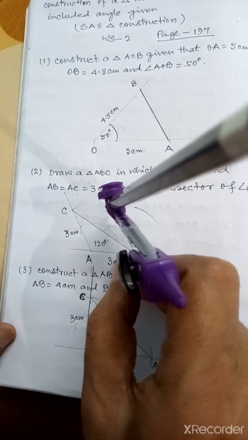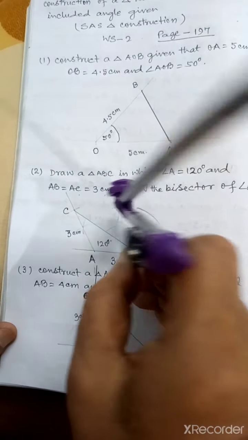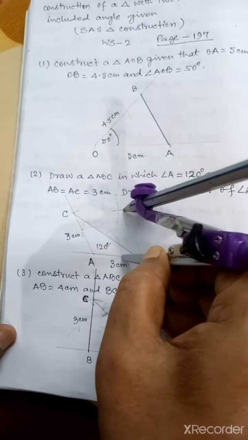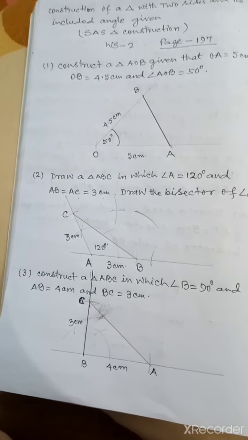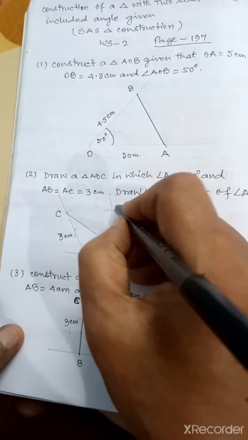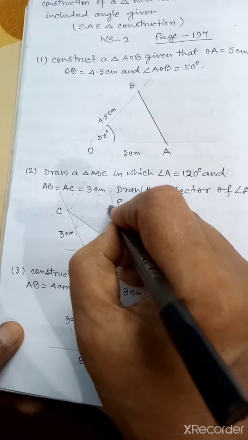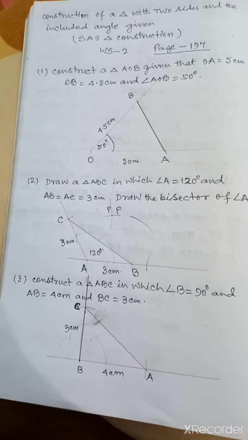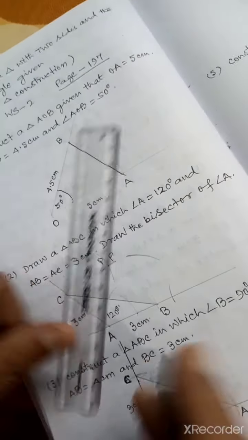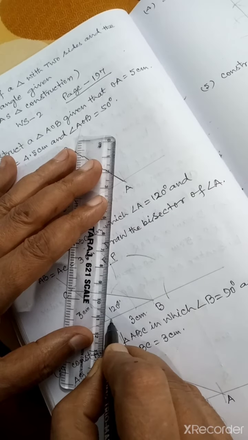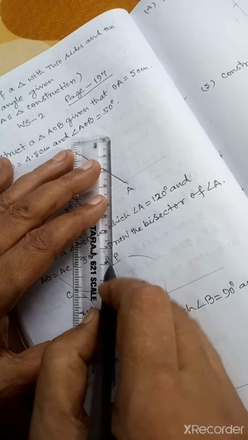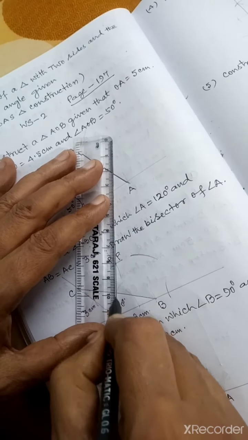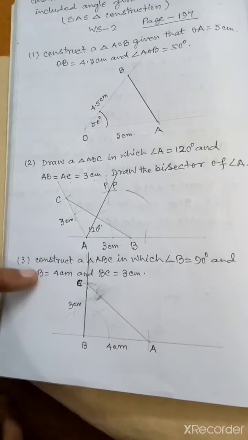Now join the intersection point P, then join AP. AP is the required angle bisector of angle A. Join AP in this way. Now construction 3.